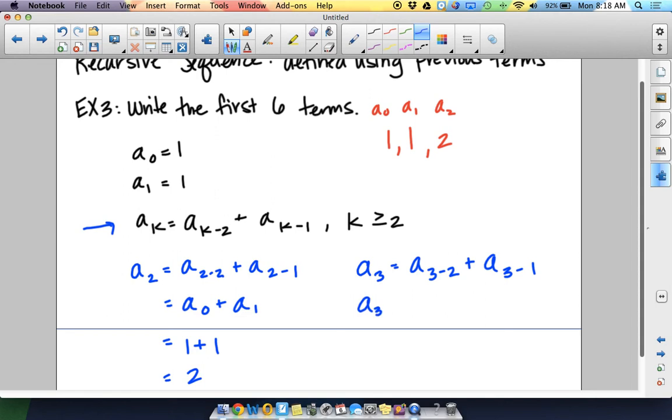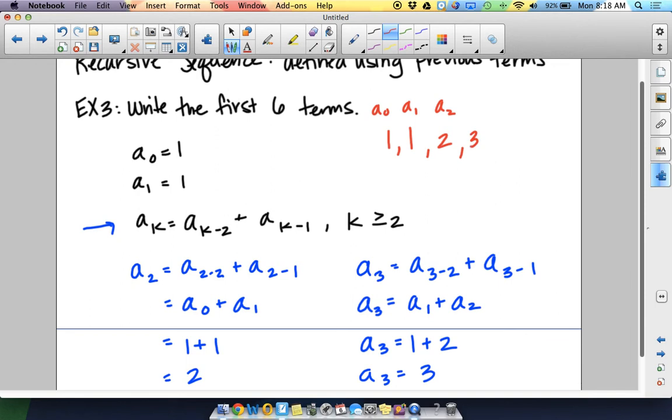A sub 3 is equal to a sub 1 plus a sub 2. What's happening? You're adding the previous 2 before it. That's what that rule does. So a sub 3 is going to equal 1 plus 2, which equals 3. So you're always adding the previous 2 terms to get the next term.